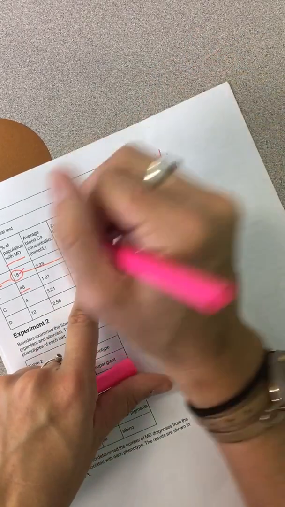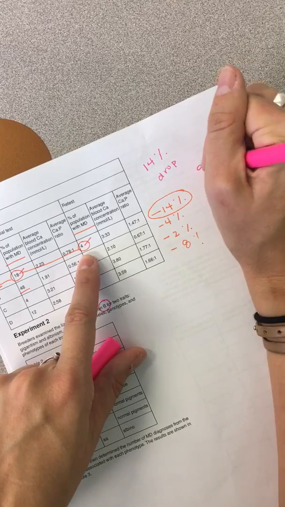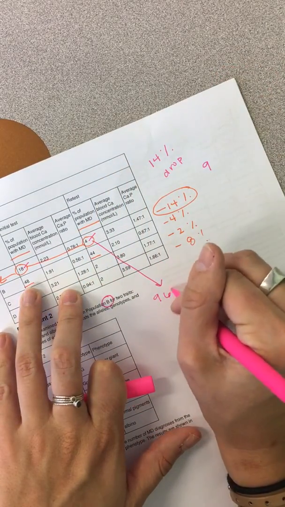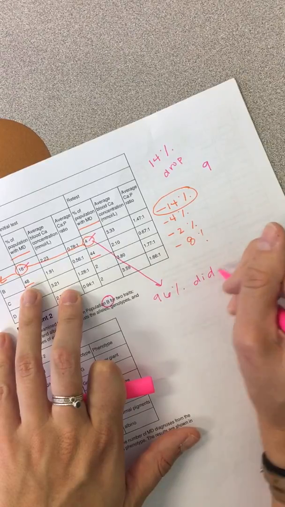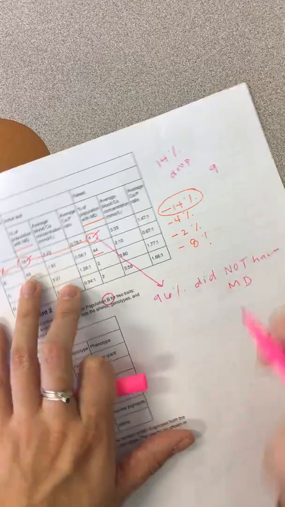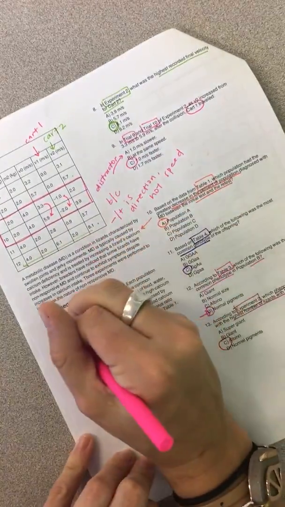But this also means that 96%, so how many of them did not have MD? So 96% did not have MD. Now, here's where the combined part comes. This says, contained 50 individuals in the population.